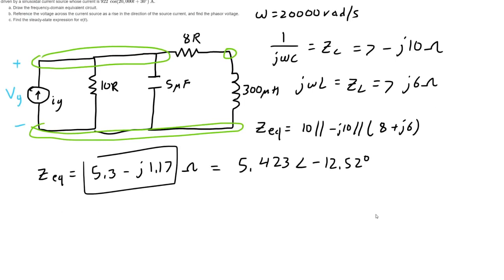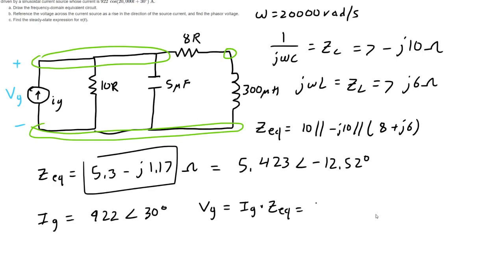Now we've got an expression, we can get the expression for the IG. We don't care about the frequency. Magnitude is 922, phase is 30 degrees. So if we want to find out what VG is, we're going to do IG times the equivalent impedance.